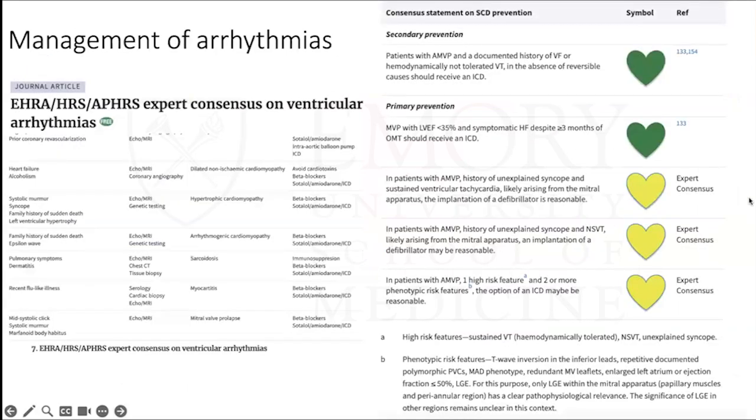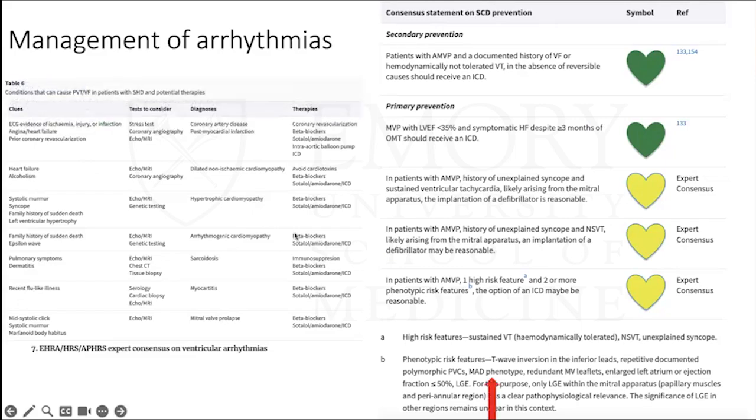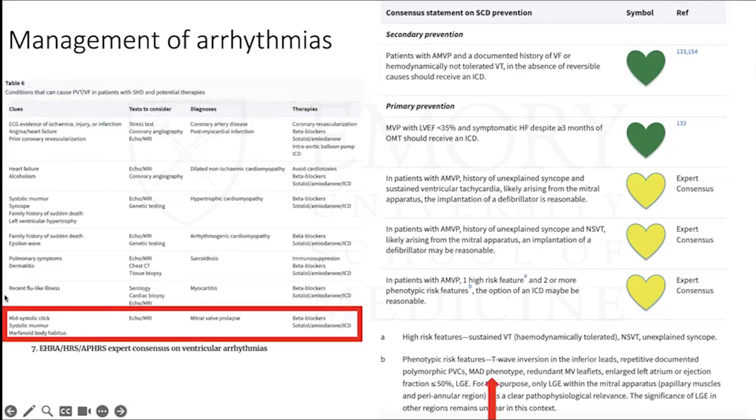So thinking about management now, okay, I have someone with high-risk phenotypes. I'm worried they've had one unexplained syncopal event in the past. How do I think about managing these patients? First, I wanted to look and see in our guidelines, do we talk about this as a high-risk phenotype, and what should we do about it? So I looked through the HRS EHRA expert consensus on ventricular arrhythmias. And one thing I want to say is this was the only place I saw it.